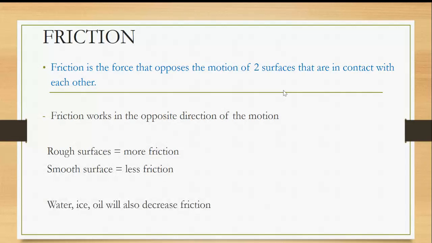There are some other things which can change the friction between two surfaces. Water, ice, and oil will also decrease friction, whereas chalk and grippo will increase friction. Grippo is used in AFL to add more grip on their hands, and I believe NFL players use it also.